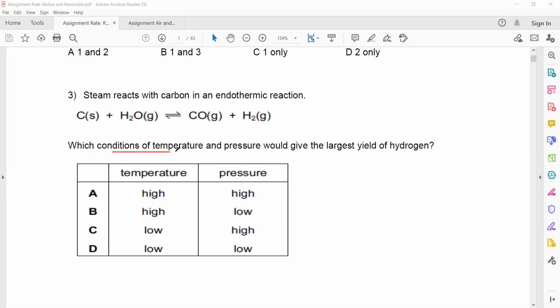Which condition of temperature and pressure would give the largest yield, meaning the amount of product? The reaction is endothermic, so it's better you just make an energy diagram. Endothermic means the reactant will have low energy and the product is having high energy.